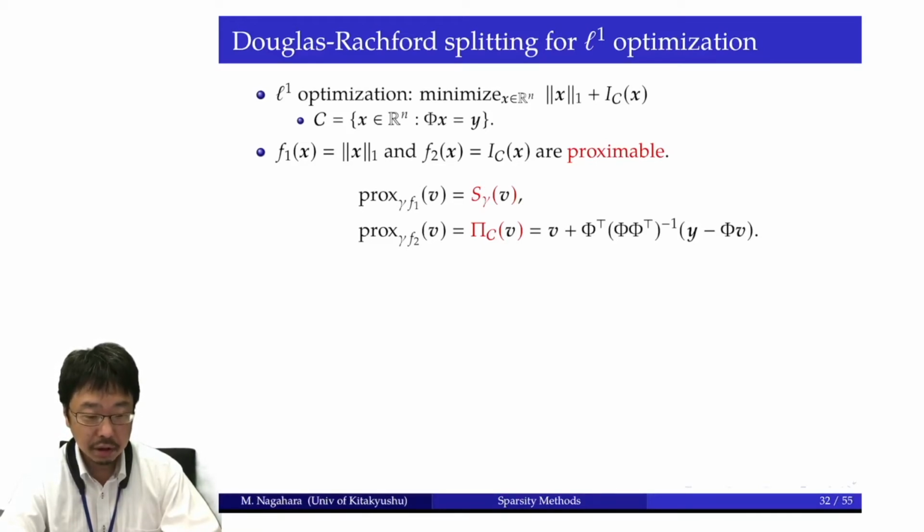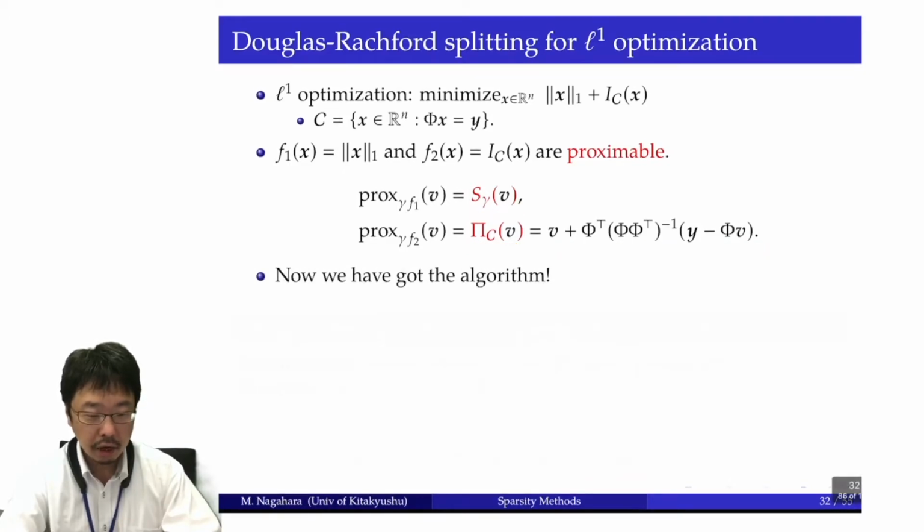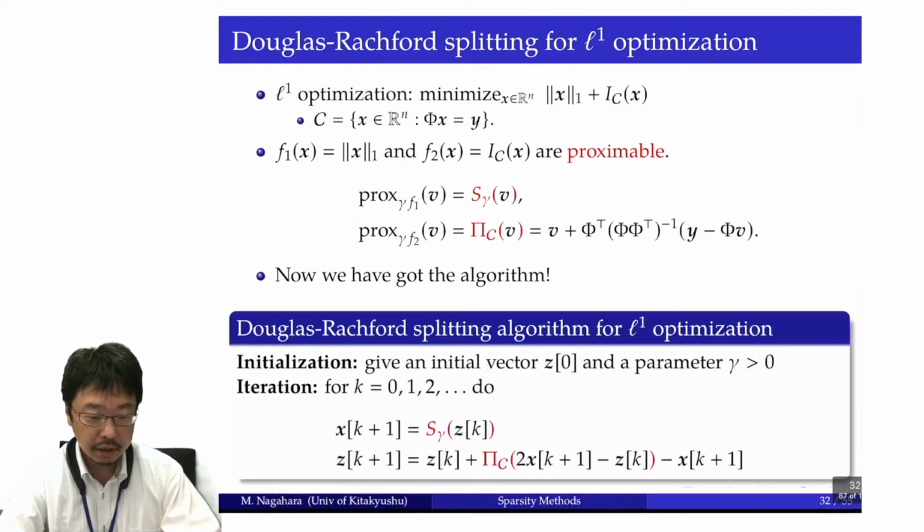In fact, the proximal operators are given by the soft thresholding operator for f1 and the projection operator onto a hyperplane C, which is given by this. Now we have got the algorithm. This is the Douglas-Rachford splitting algorithm for our L1 optimization.